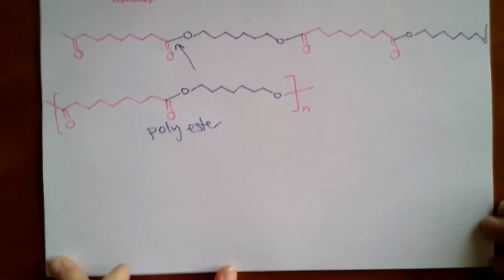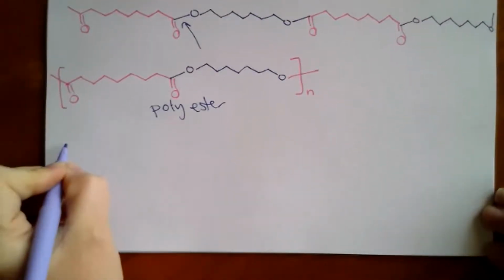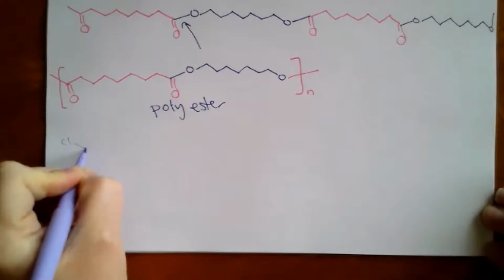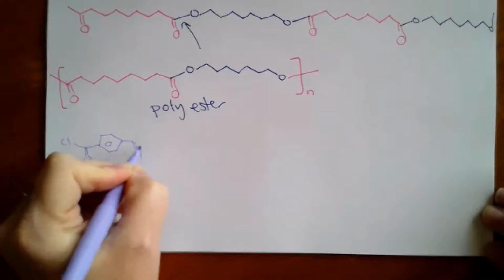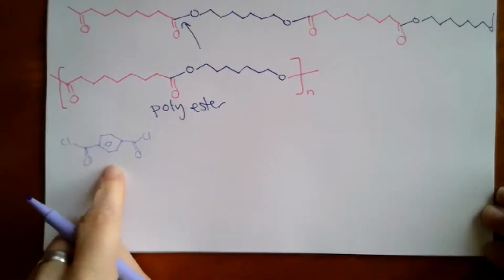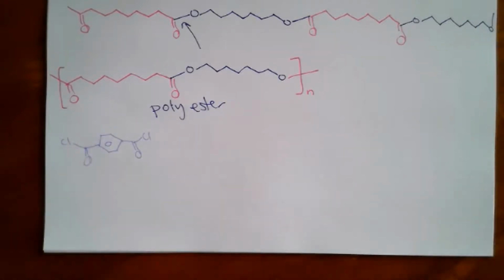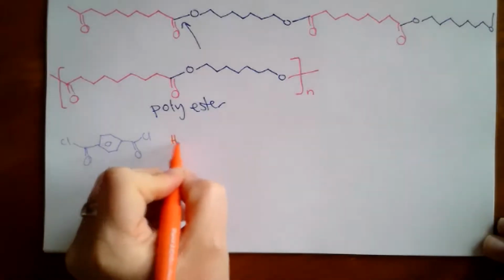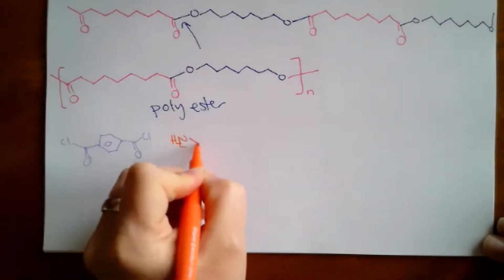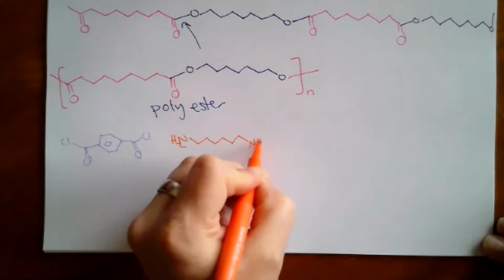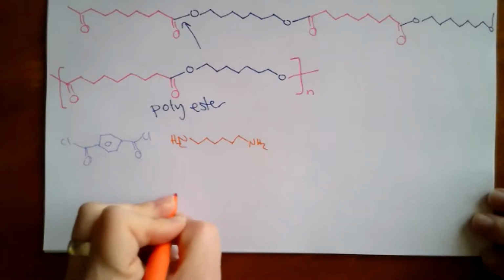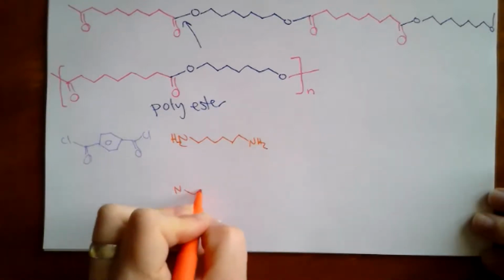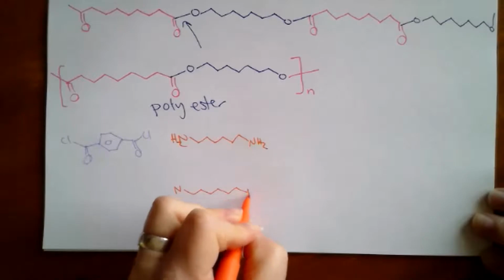If we take a look at the next example, it's a lot the same. I've got a diacid chloride, and this time a diamine. Diacid chloride, diamine, ding, ding, ding, I'm going to make a polymer. I draw one unit of each of the monomers.